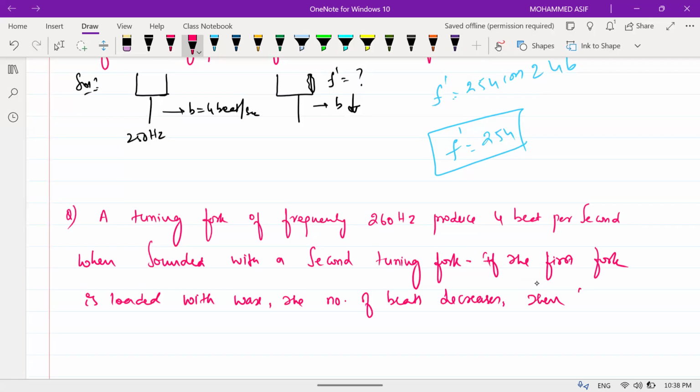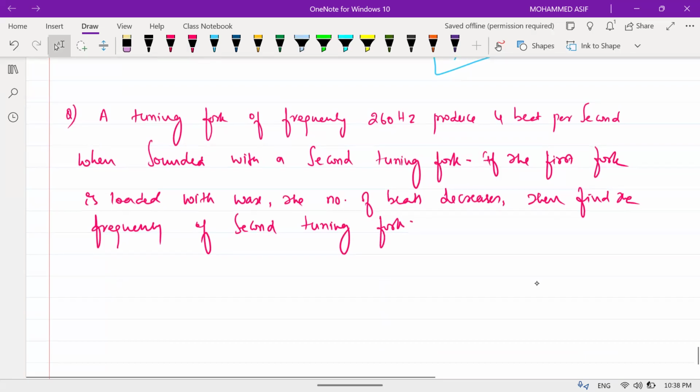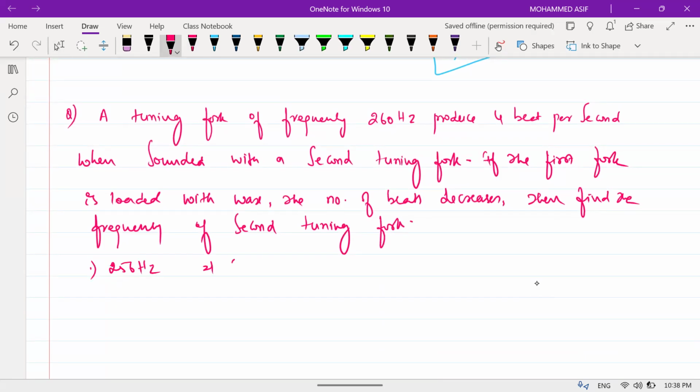Then find the frequency of the second tuning fork. Come on, try. 256. What will be the answer? 256 hertz, 264 hertz, 260 hertz, and 252 hertz.